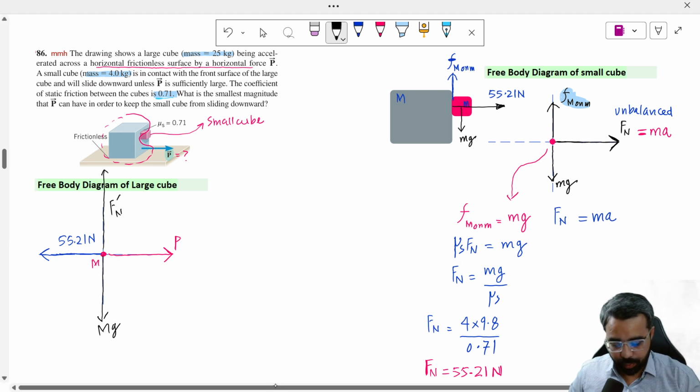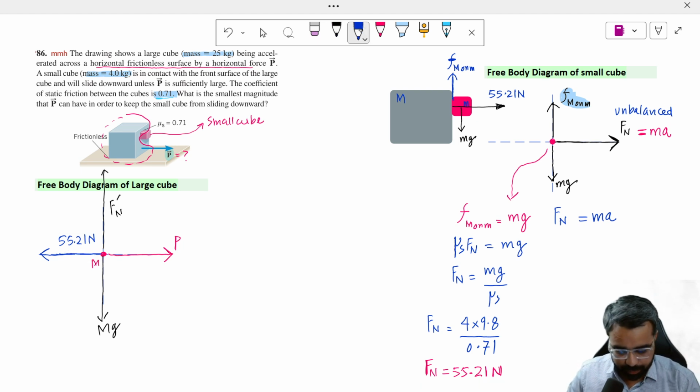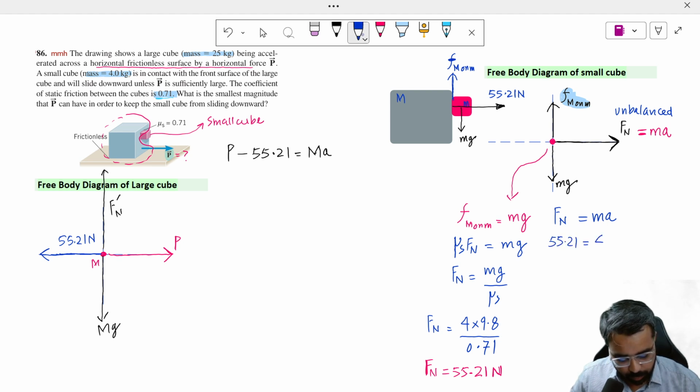To accelerate this larger block and this system, the net force should be P minus 55.21 equals ma. Can we find the acceleration? Yes, it is 55.21 divided by 4 kilograms, and you can find the value of a. So the acceleration of the system is 13.80 meters per second squared.